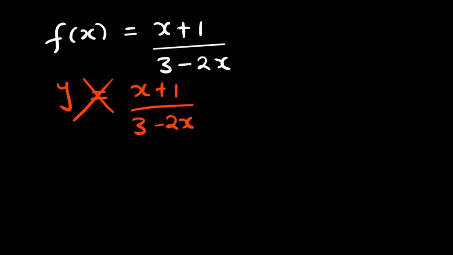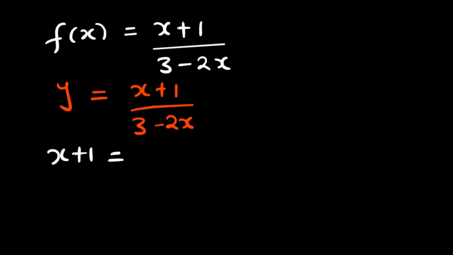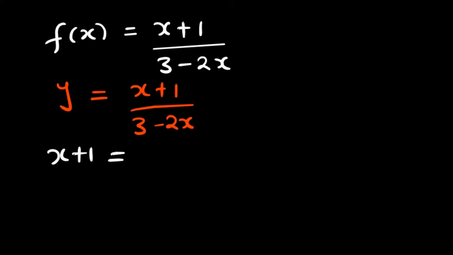So on my left hand side, I'm going to have x plus 1 is equal to y multiplied with 3 minus 2x. Y multiplied by 3, that is 3y, minus 2x multiplied by y, that will be 2xy.